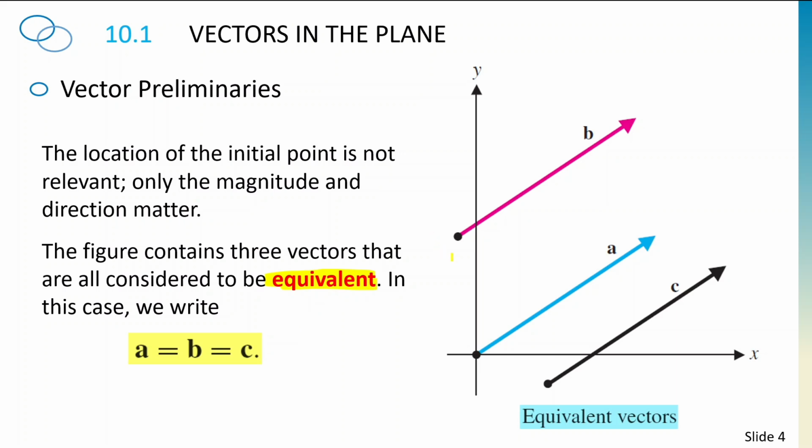So look at these three vectors, A, B, C. All of them have the same direction, same length. So these three, we call them equivalent vectors, equal to each other. So A equals B equals C. The only difference here is just their location in the XY coordinate, where their initial point is.